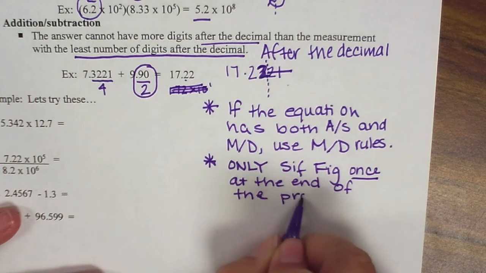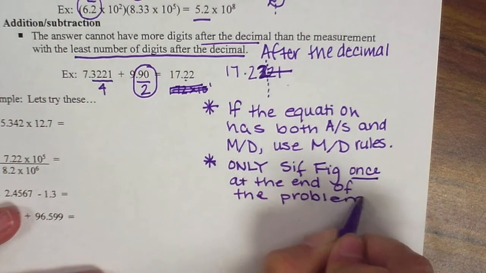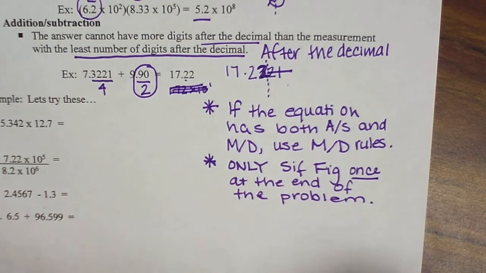So we have very long problems. They make you feel very smart, and then at the end, you Sig Fig one time. So we finish the whole problem, and then you go back up to the original problem, you look at your original measurements, and they tell you what your Sig Figs are going to look like. So you only Sig Fig one time.